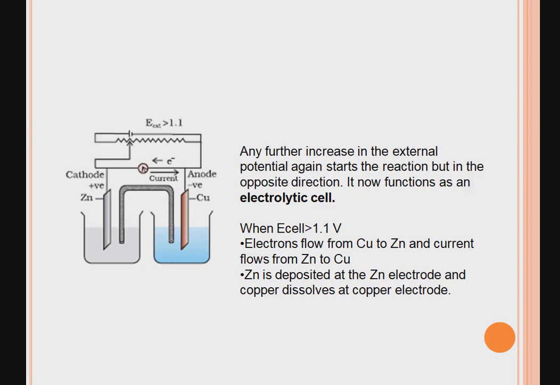Here in this figure you can see the external voltage we have increased and now it is greater than 1.1 volts. In this case, the cell starts functioning as an electrolytic cell as all the reactions get reversed. Electrons start flowing from copper to zinc. Current starts flowing from zinc to copper. Zinc starts depositing at zinc electrode and copper starts dissolving at copper electrode.